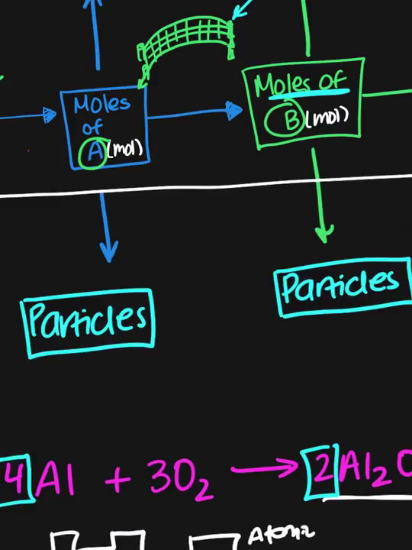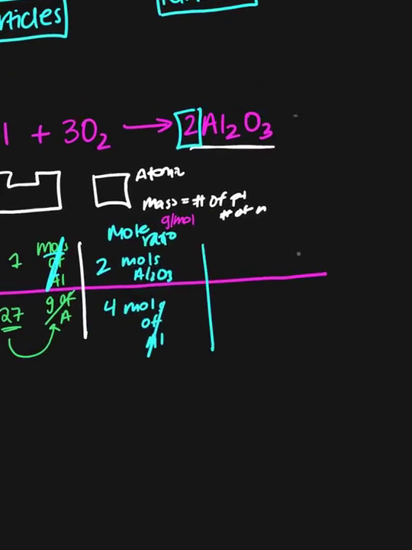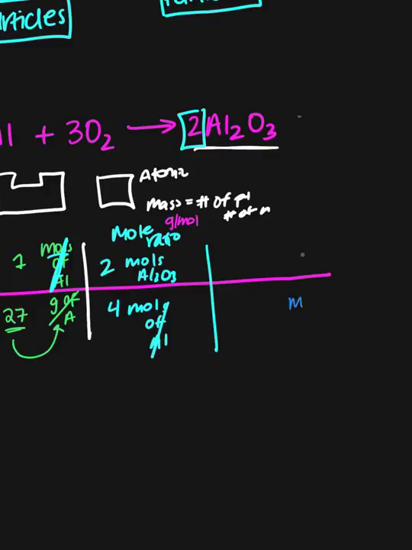We go back to our problem and put our moles on the bottom so that it cancels out with the moles of aluminum oxide. So we put 1 mole of Al2O3, and then we have 102 grams of Al2O3. These will cancel out and you'll end up with grams.